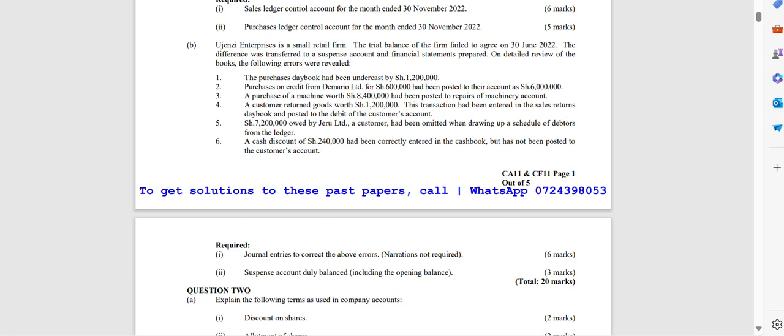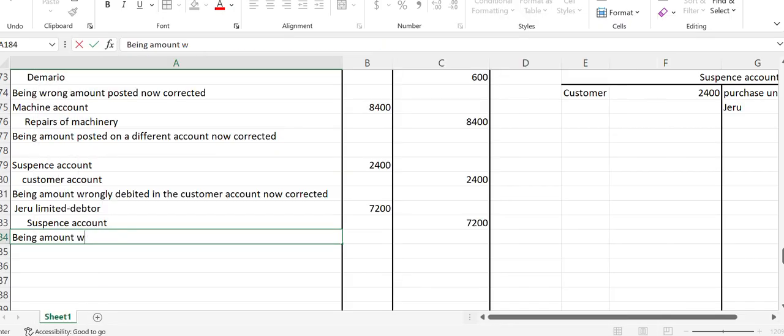It was omitted. Bin amount omitted in the customer account, or in Njeru's account, now corrected. As simple as that.